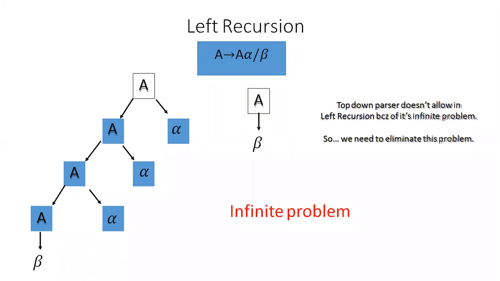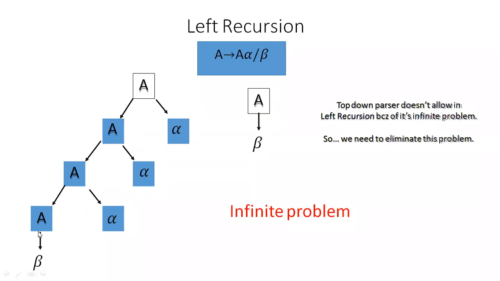What it means is, the expansion of A causes further expansion of A. The structure itself defines that the expansion of A, here I am expanding A with A alpha, here again I'm expanding A with A alpha, and so on. When will it end?